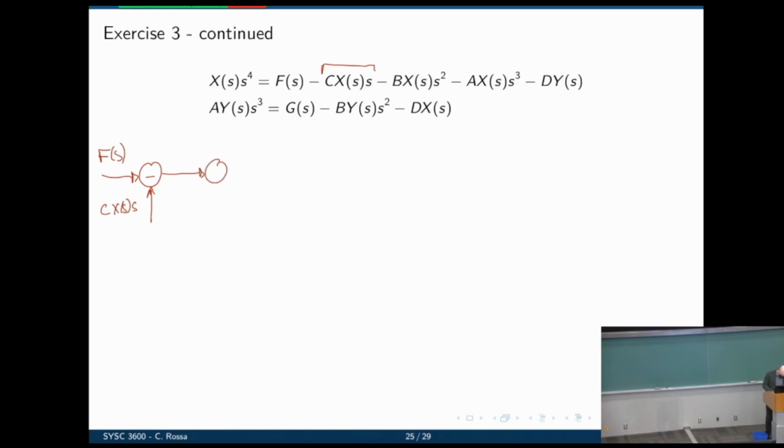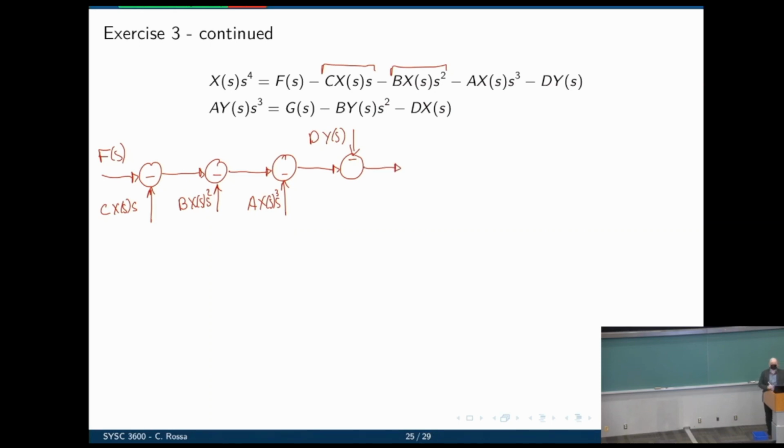We can subtract that term, which is b times x of s times s squared, or second derivative of x times b. B is a constant. We can also subtract a times x of s, s to the power of 3. And also take this from the top because that's y, that's d times y of s.